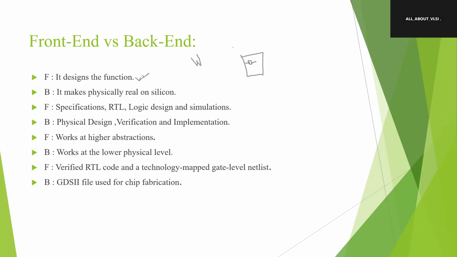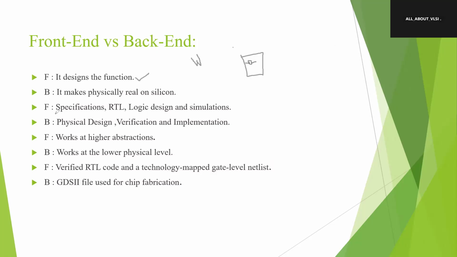On the back end side it is completely the physical design flow: how we are placing things, how floor plan is done, how we are placing macros, how we are giving power, and all these things are covered in backend.